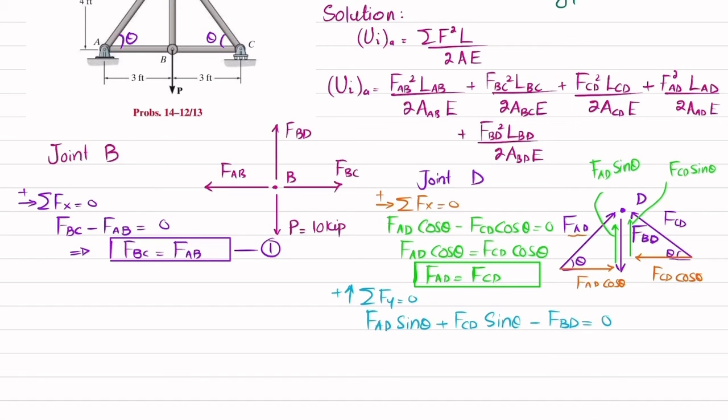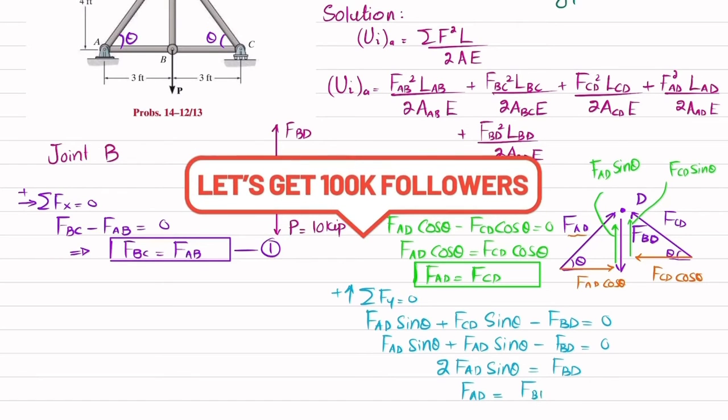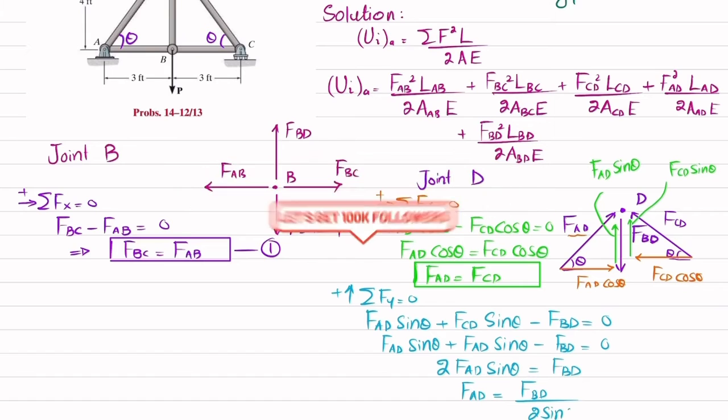Since FAD is equal to FCD, I will write FAD sine theta plus FAD sine theta minus FBD is equal to 0. So 2 times FAD sine theta is equal to FBD. Clear? And we get FAD equal to FBD divided by 2 sine theta.